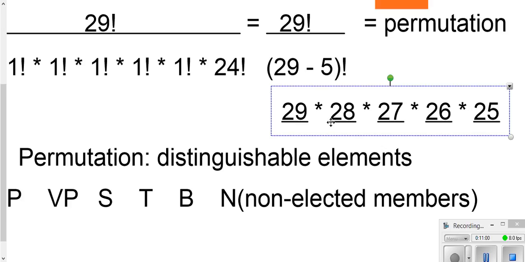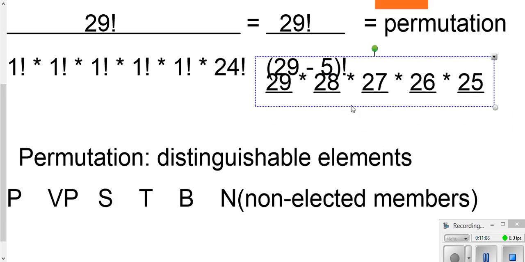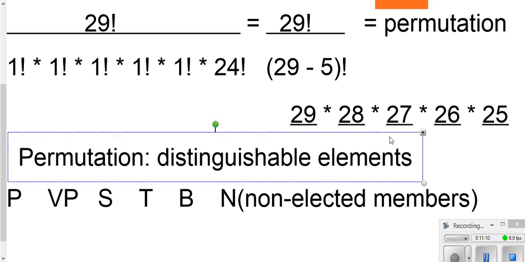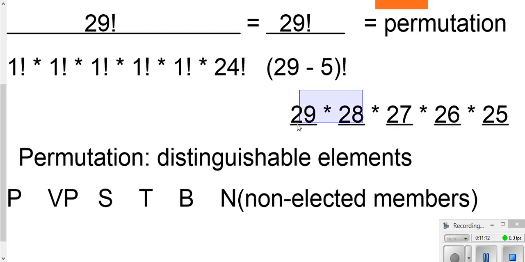One person's been used, so for the second person it's 28 because one was used, 28 left. After the first two people are elected, two are used, so out of the 29, there's only 27 left for the next person. So you could think of it that way also. But this way also has some advantages to thinking of it.